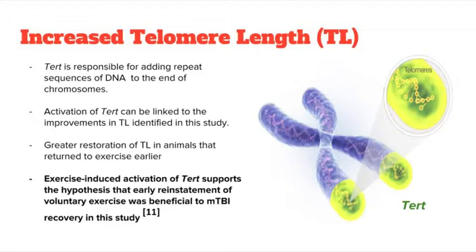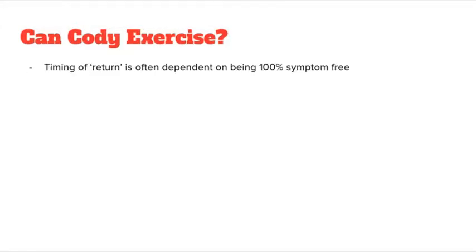Activation of TERT can be linked to the improvements in telomere length identified in this study. There was a greater restoration of telomere length in animals that returned to exercise earlier. Moreover, voluntary exercise within 1 to 3 days post-concussion was found to be beneficial to motor and cognitive outcomes and mild traumatic brain recovery. Timing of return is often dependent on being 100% symptom-free.